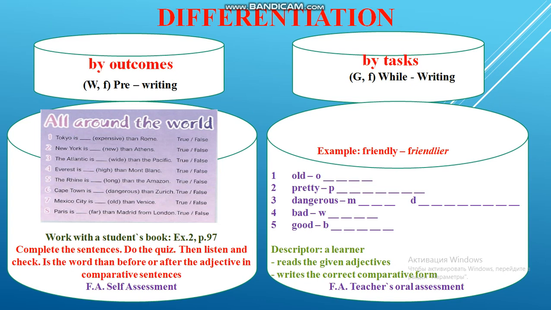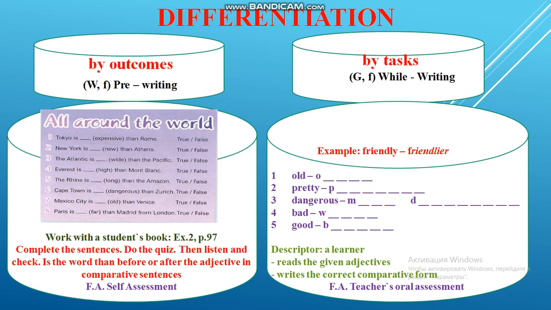For example, I set an assignment, but learners may arrive at different results depending on their level of ability and interest. Learners worked with the book and they did exercise 2 on page number 97.